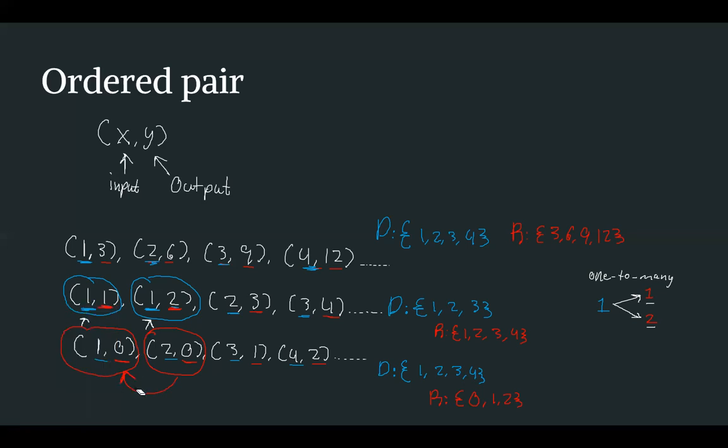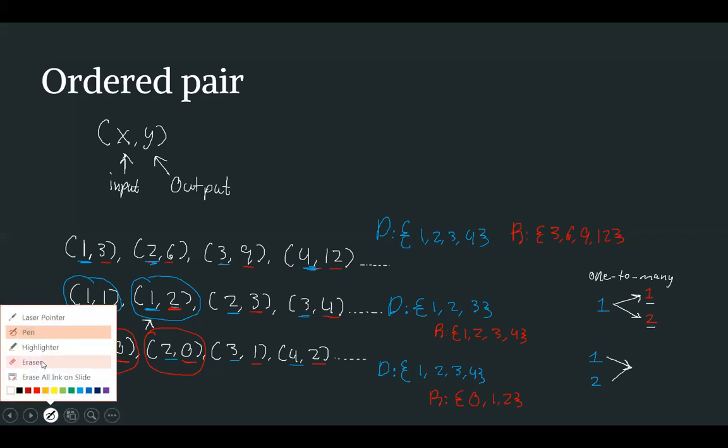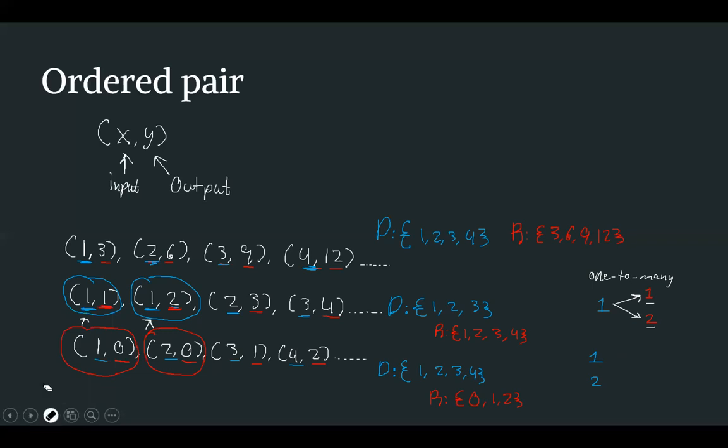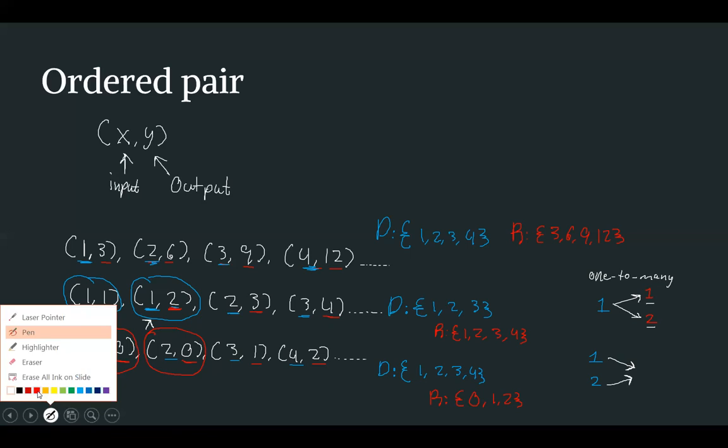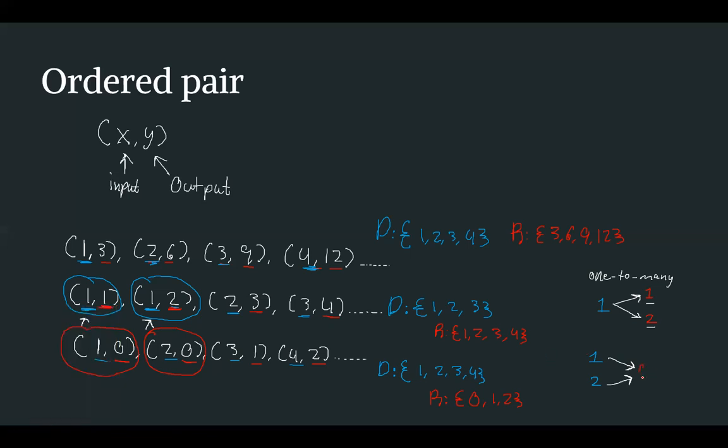It means that, wait, hold on, let me put it this way. 1, 2, right? And then we have, oh, sorry. Let me rewrite it this way. So we have two elements from X match to only one element from set Y, which is 0.